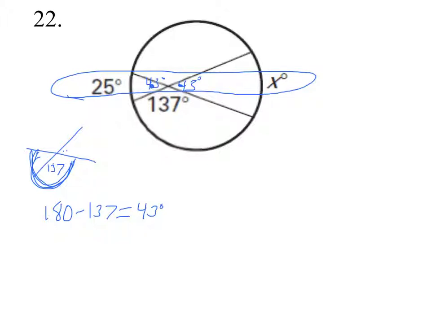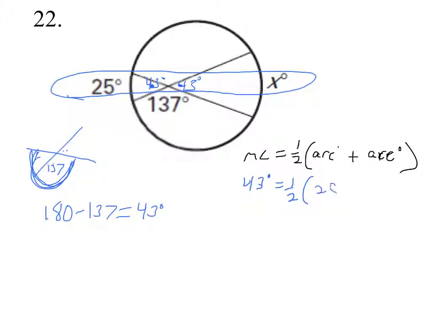So now we're going to use that same theorem formula that we used before, which says you take the measurement of the angle, and that's going to equal 1/2 the two arc measures added up. So if I fill that in, we're going to have 43 degrees, that's what we had to figure out first, equals 1/2 times 25 plus x.